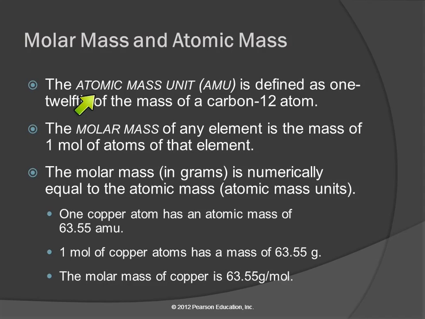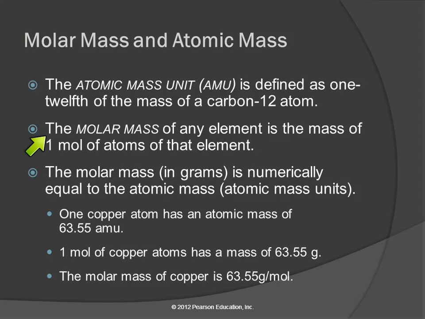So the atomic mass unit was defined as 1/12 the mass of a carbon-12 atom. And so a carbon-12 atom then had a mass of 12. They picked carbon-12 because it's stable, it's plentiful, it's easy to get to, it's easy to work with, it's just convenient. So carbon-12, 1/12.